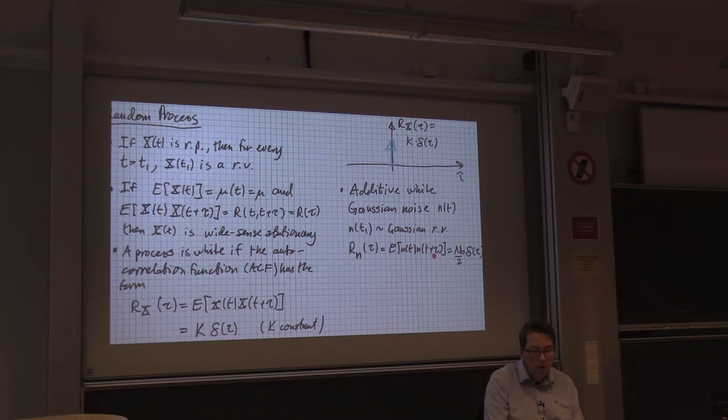So what is then the variance? Well, I claim it's equal to R of n, the autocorrelation function, where we put in tau equals 0. So what is this?